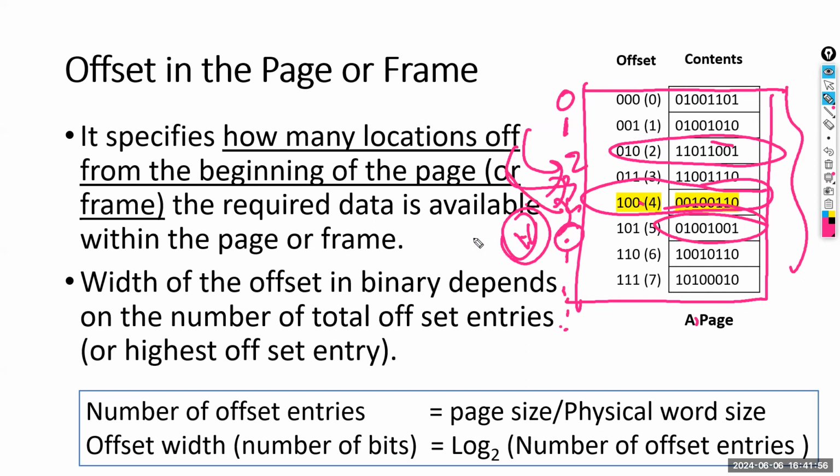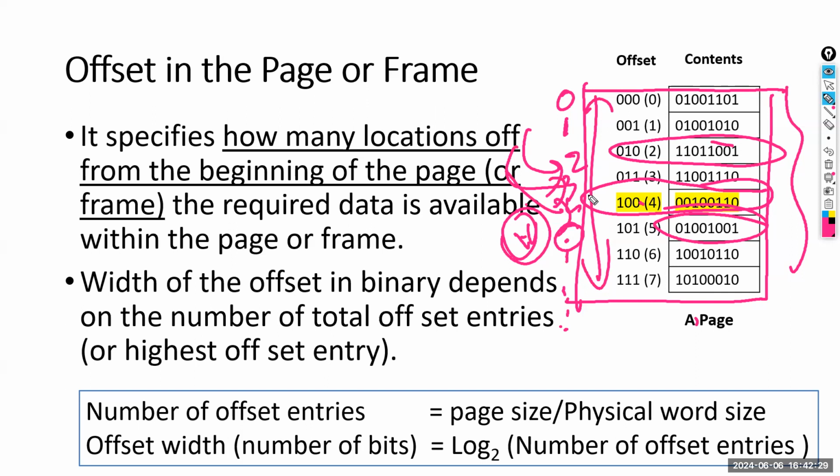So when you do the mapping, the page number may have a different frame number, but the offset is not going to change, because the data is in the same order and of the same size. So when we map a logical address to a physical address, the offset part is not going to be different.